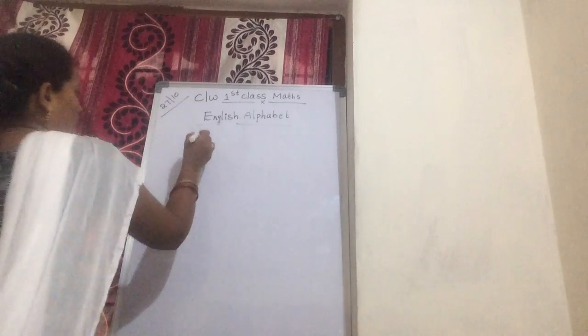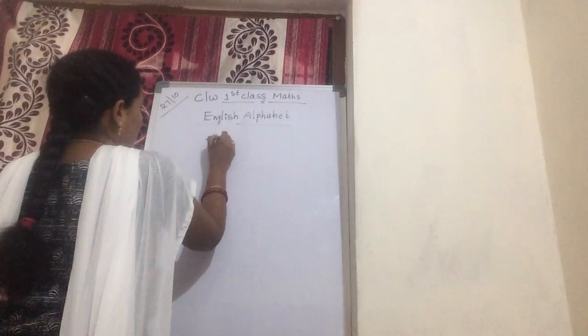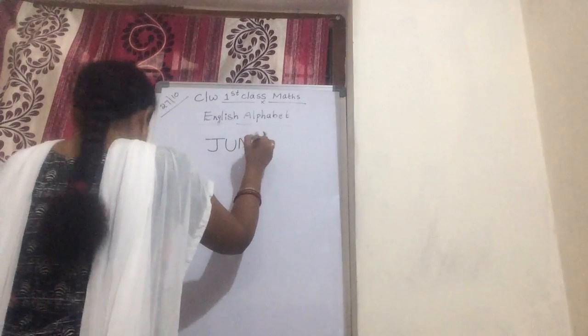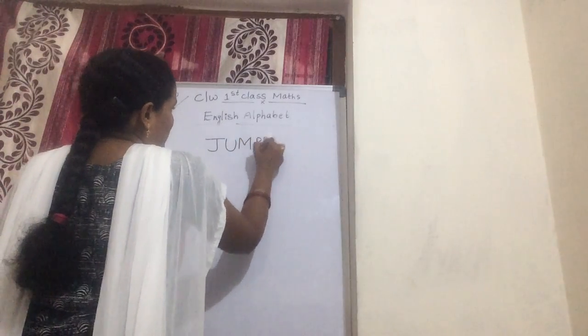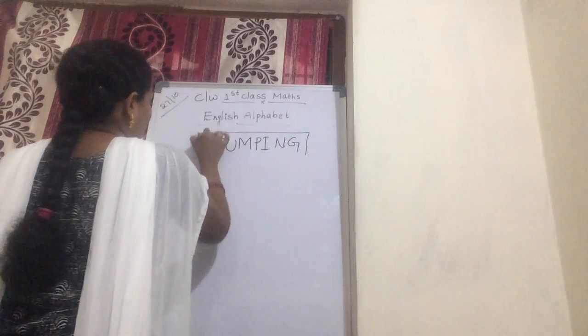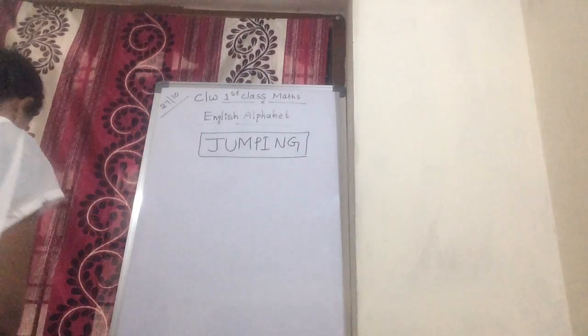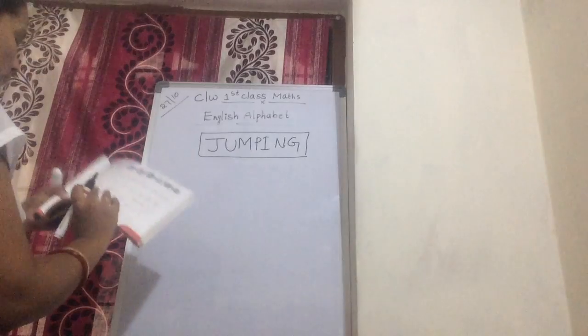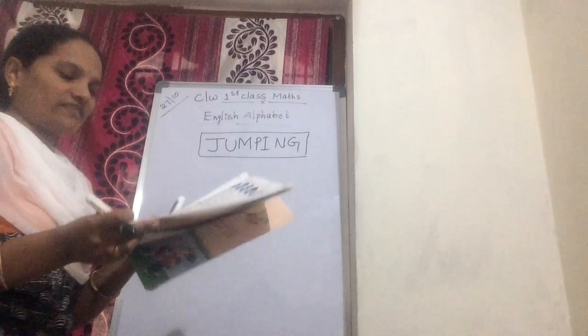Here we are getting one word. What is that word? Jumping. Okay, children, what is this letter? Jumping. You should fill this. Fill in the blanks. Now first one here. J is the first letter.